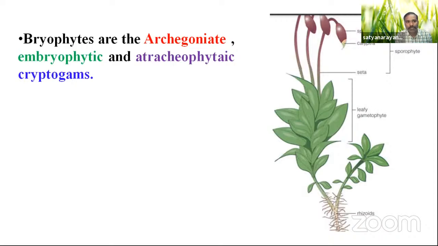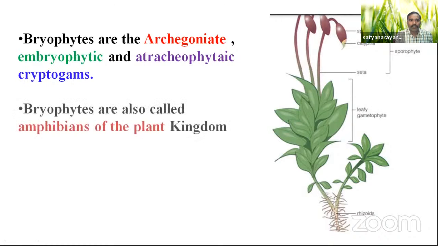They are the first embryophytic and atracheophytic cryptogams. Atracheophytic means the vascular system is not developed. Xylem and phloem, the conductive tissue, are not developed.